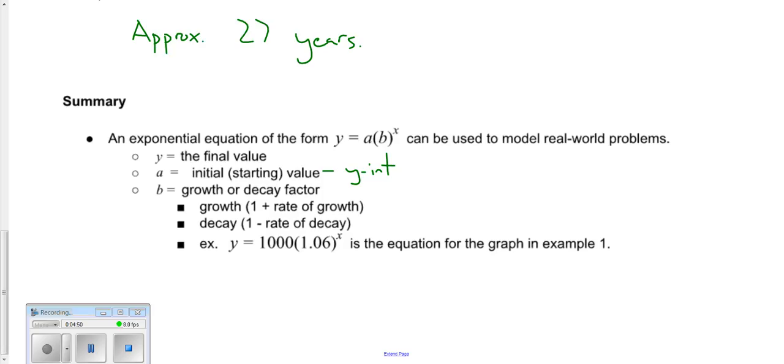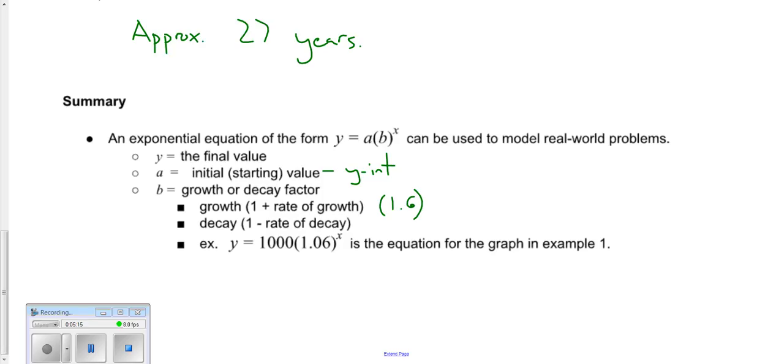And so growth is 1 plus the rate of growth. So 1.6, for example, would be a 60% rate of growth. You always take the growth rate as the decimal value of the percentage.